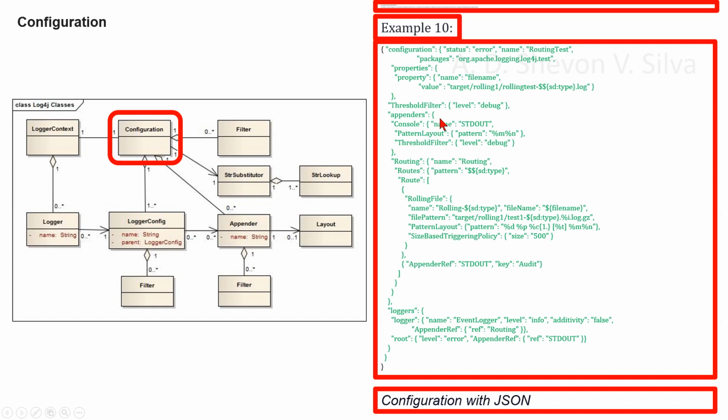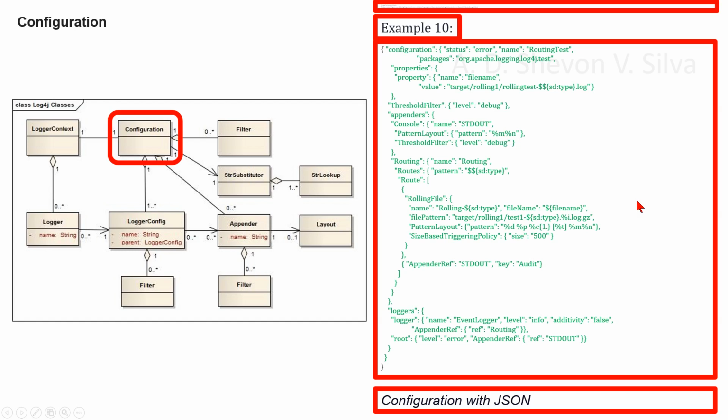In this example, threshold filter, console, and pattern layout are all plugins, while the console plugin will be assigned a value of stdout for its name attribute, and threshold filter will be assigned a level of debug.